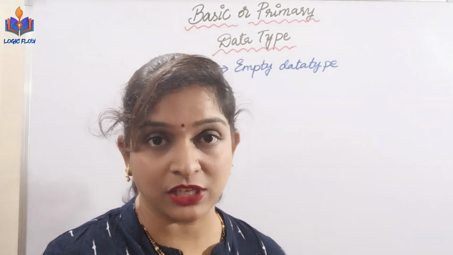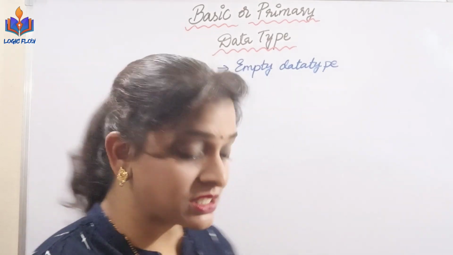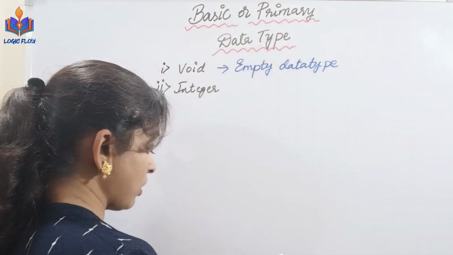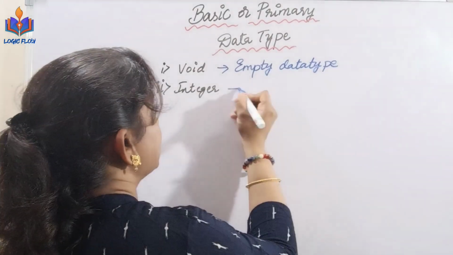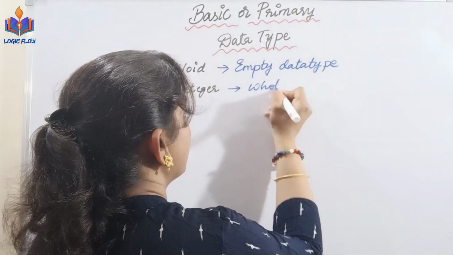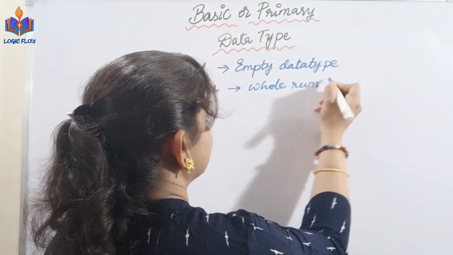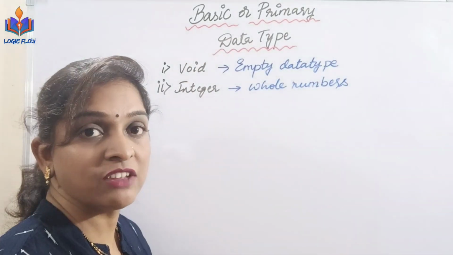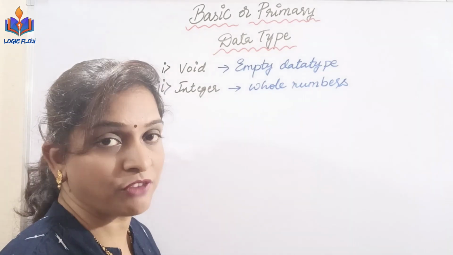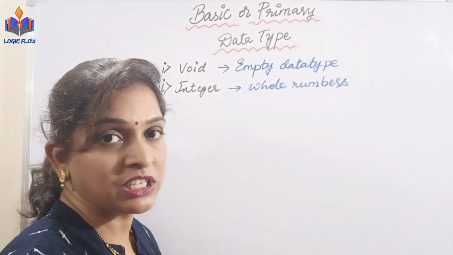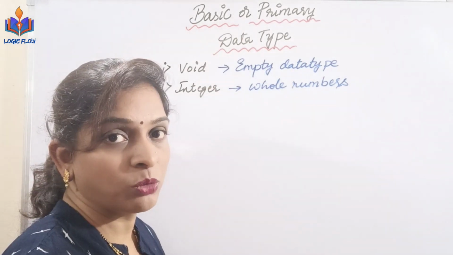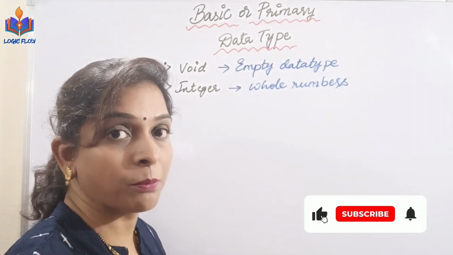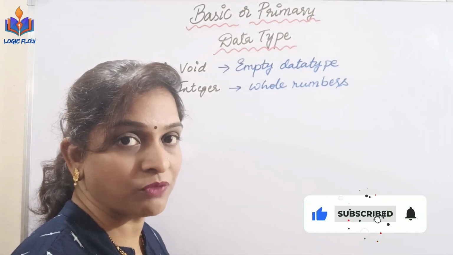We'll talk about that. So integer data type can store whole numbers. And the storage capacity varies from processor to processor. If I use 16-bit, the storage capacity is different from 32-bit, 64-bit. So it depends upon the type of processor that we use.